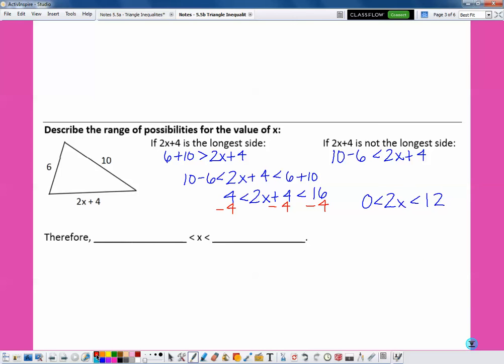And again, when we go to divide by 2, we need to divide it to all 3 parts of our inequality. So 0 has to be less than x, which will be less than 6. So our side length has to be in between 0 and 6.